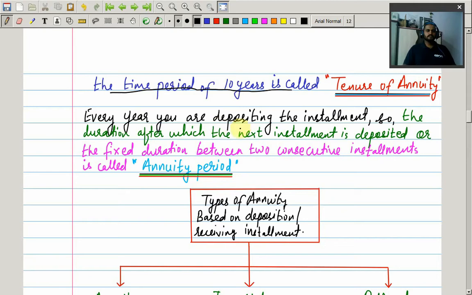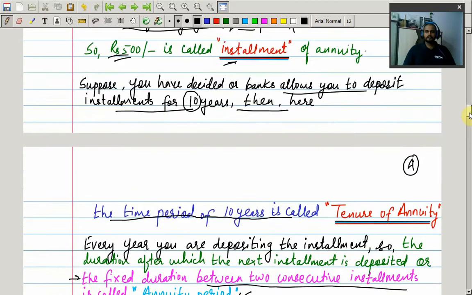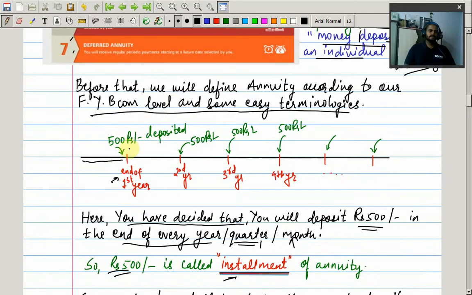Every year you are depositing the installment, so the fixed duration between two consecutive installments is called the annuity period. So in this timeline, what is the annuity period?